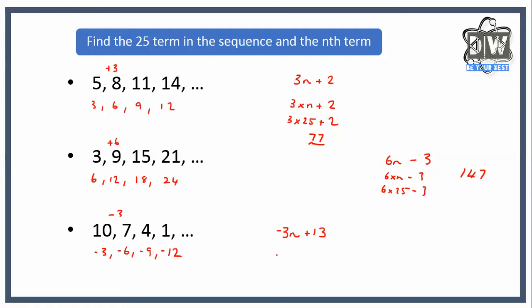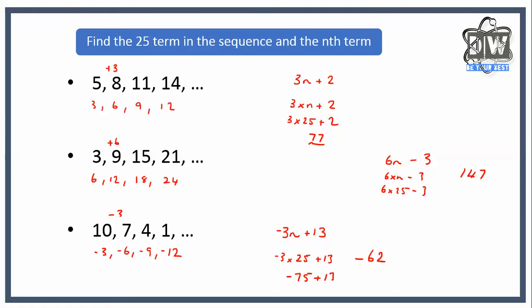So again, all we're going to do is take away the n and put in 25. And if we do that on our calculator, we should have that negative button. So negative 3 timesing by 25 gives us our minus 75. And then we're going to add 13 to that. And we end up with minus 62. Sorry, my writing's all over. I ran out a bit of space. And that's how simple it is.